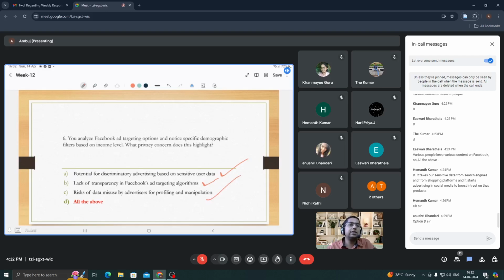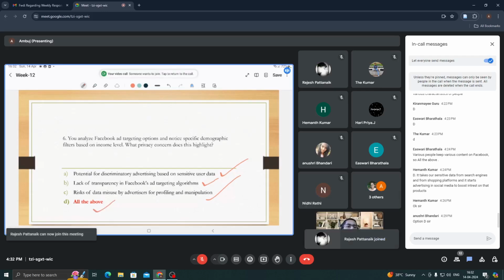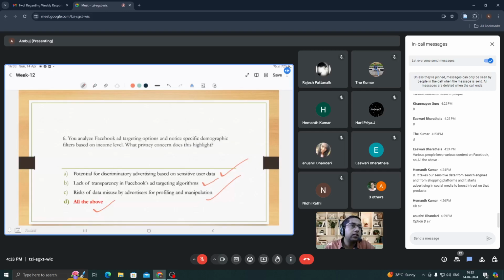Once it has reached a social media platform, that platform would definitely misuse it for advertisement and for profiling and manipulating the crowd, or manipulating the user with false advertising or advertising of a particular product. So option D would be correct.